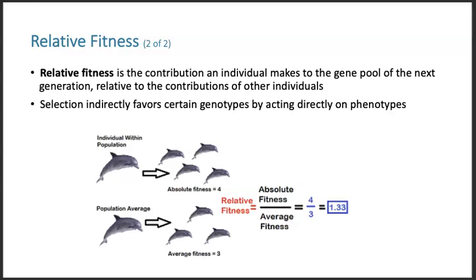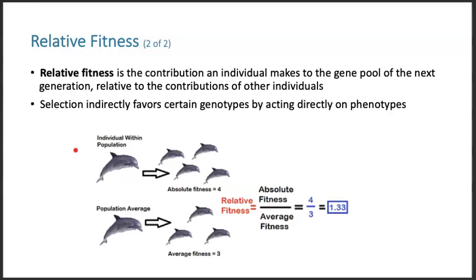That's talking about the best, yeah? So really, the best is in comparison to everybody else. So we use the term relative fitness to explore that idea of the best. Relative fitness is defined as how much an individual contributes to the gene pool of the next generation relative to the contributions of other individuals.